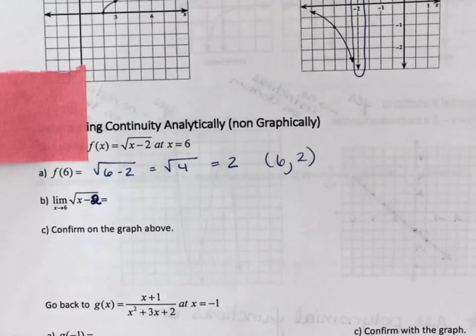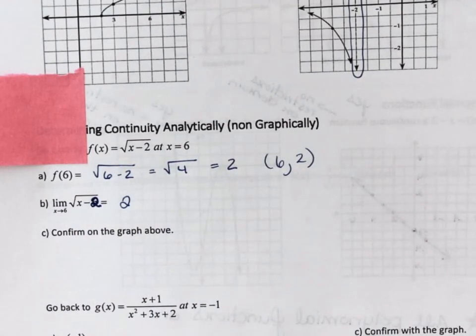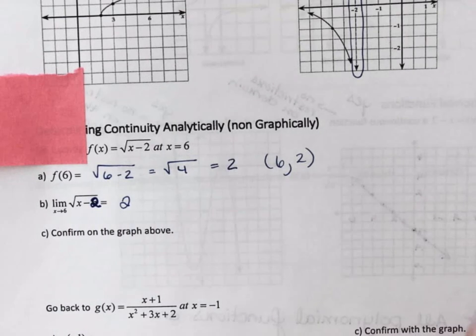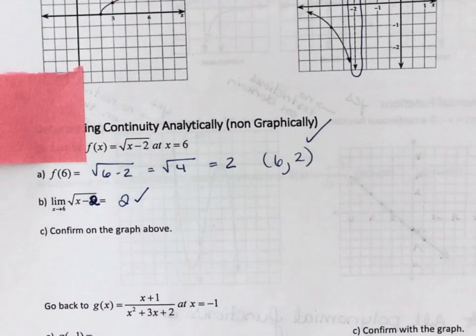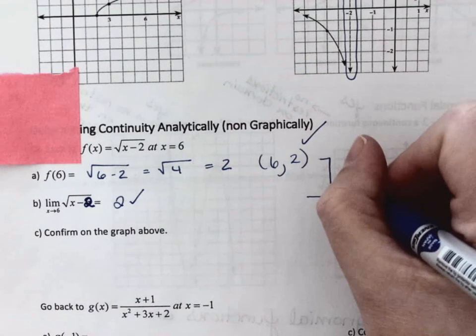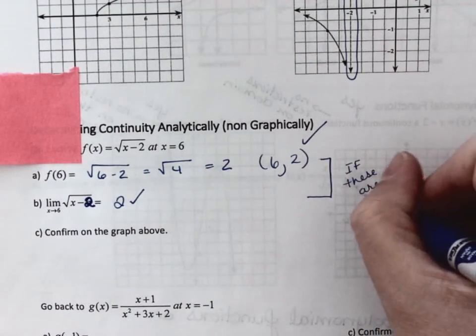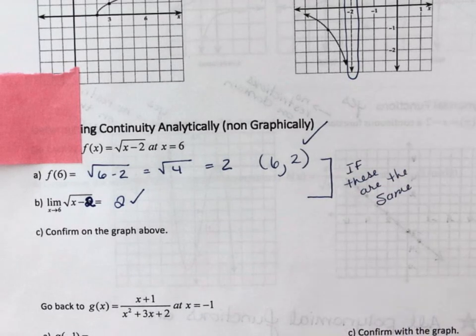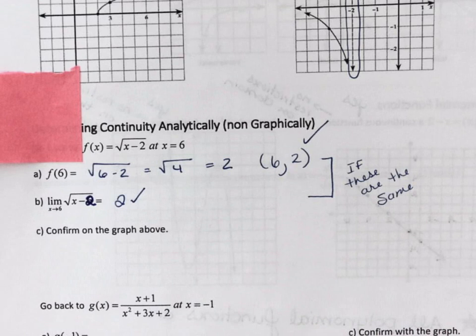What's the limit of this function? 2. Also 2. And I don't have to show the direct substitution. It's the exact same thing as the line above. So if we have a point that exists, and the limit is at the same place, if these are the same, we say that the function is continuous at x equals 6.